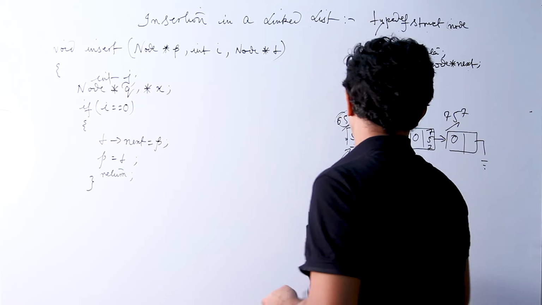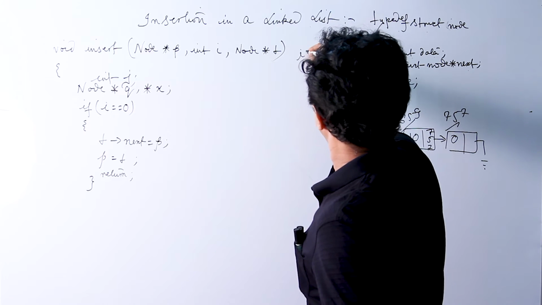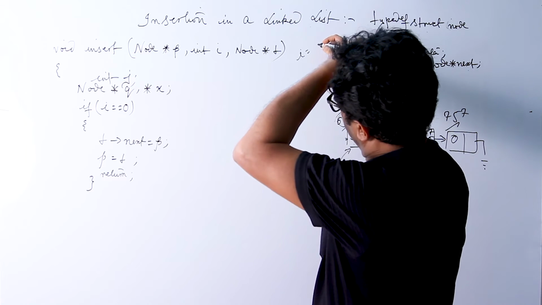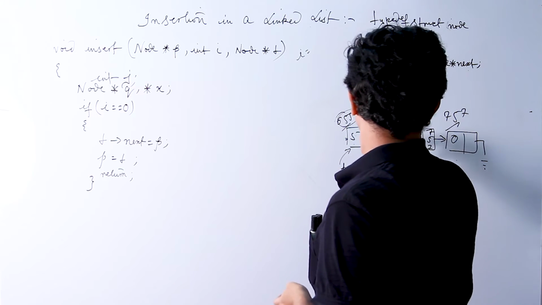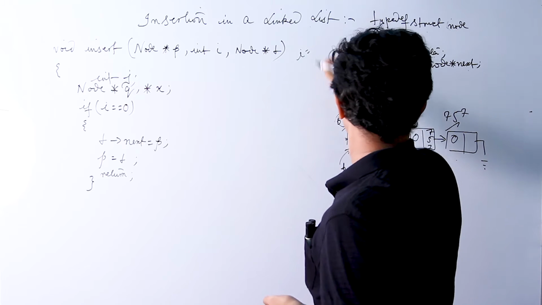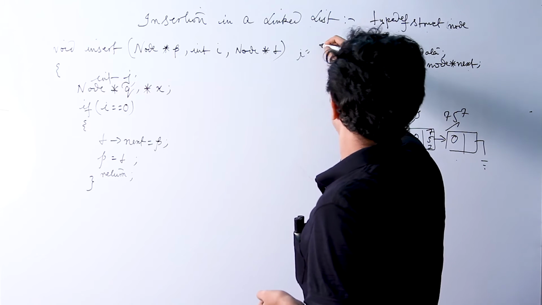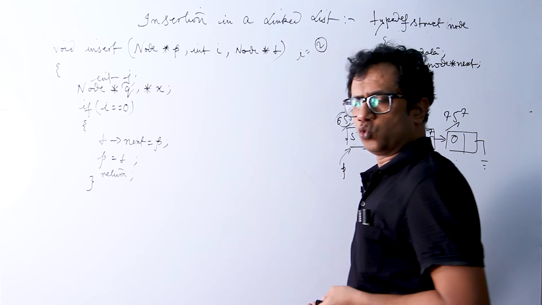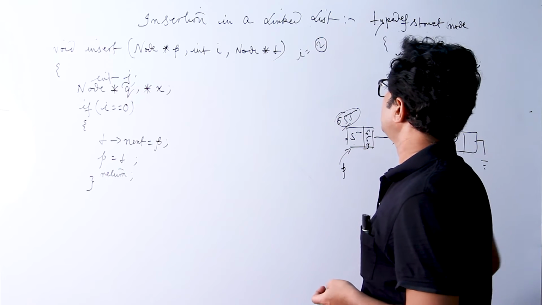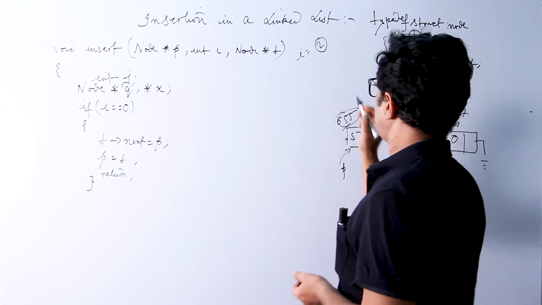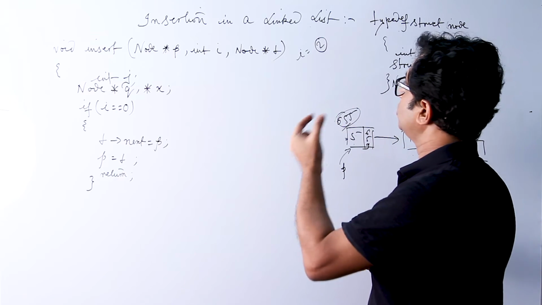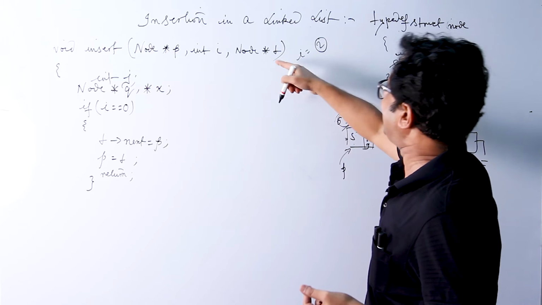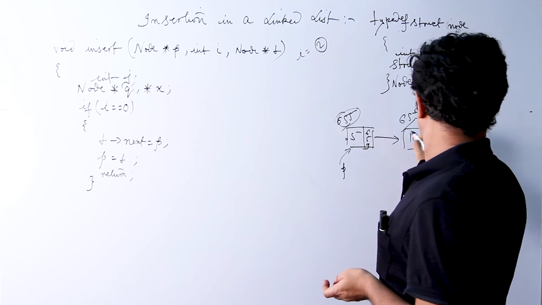Then suppose I is given by the user, say, this is the 0th node, this is the first node, this is the second node. Suppose the user gives a value of 2 to the I variable. So we are going to insert the newly taken node, that is pointed to by T, in position number 2.